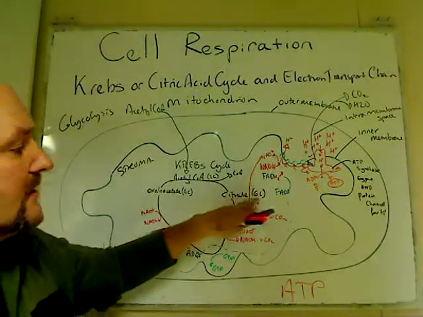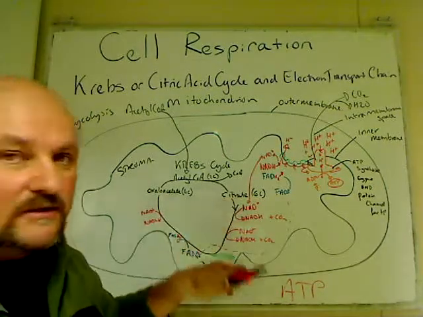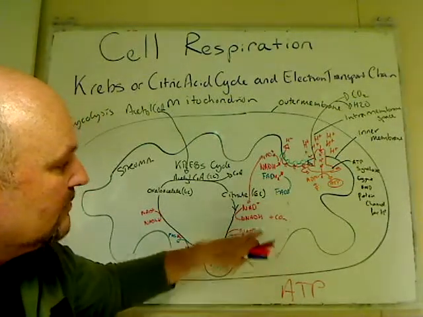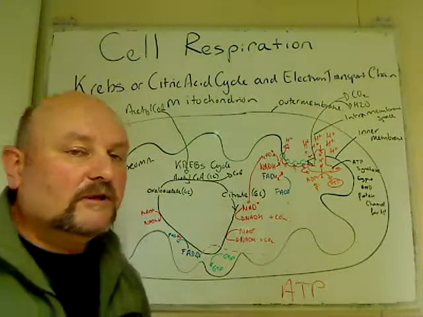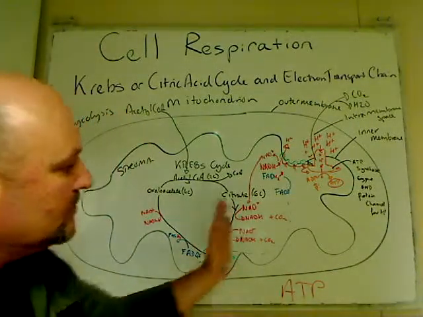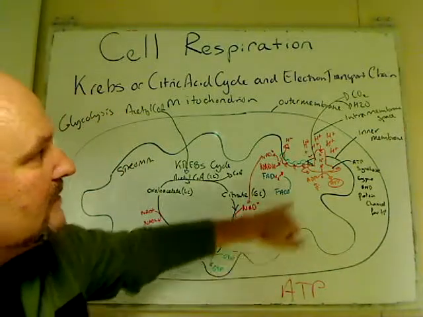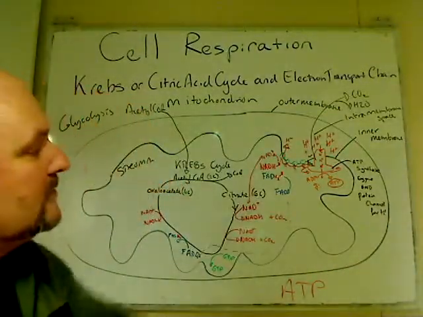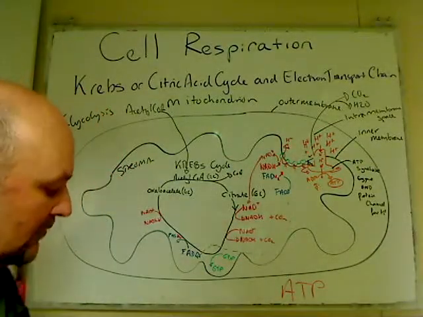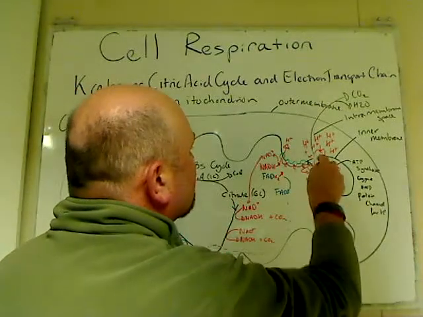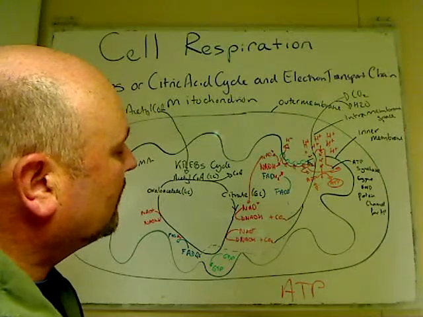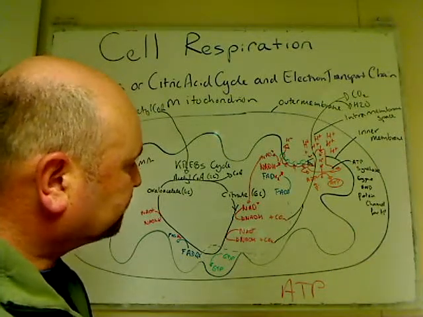That gives us a 6-carbon molecule, a citrate or citric acid, and it's this which then has 2 carbons removed, and that little bit of energy which is reduced every time you snap one of those bonds and remove a carbon, that's given away as carbon dioxide as a byproduct. And I've kind of drawn that line from there, which is inaccurate. It's coming down from here, but I just didn't want to bring it all the way. I guess I will, because it'll make more sense. So, that's where the carbon dioxide is coming from, and that we have to breathe out.